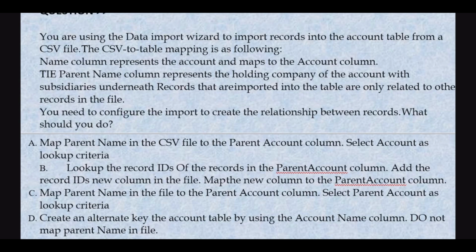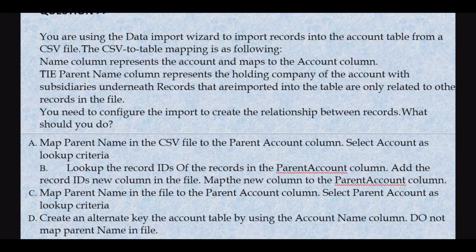Next is, you are using the data import wizard to import records into the account table from a CSV file. The CSV to table mapping is as follows. The name column represents accounts and maps to the account name column. The parent name column represents the holding company, with the subsidiary accounts underneath.